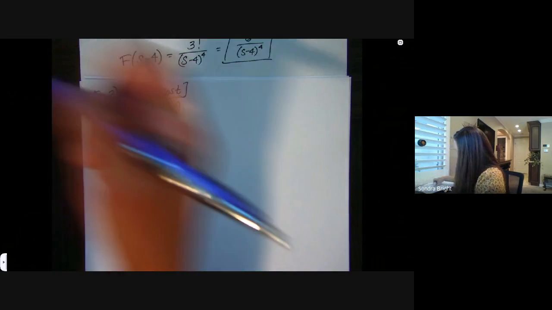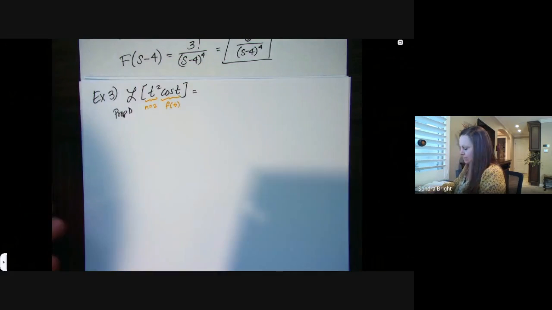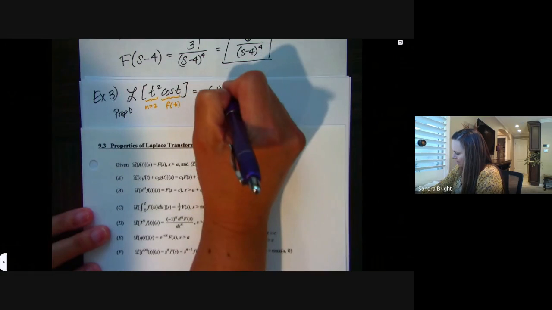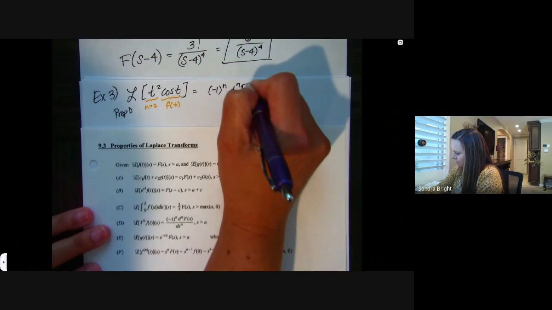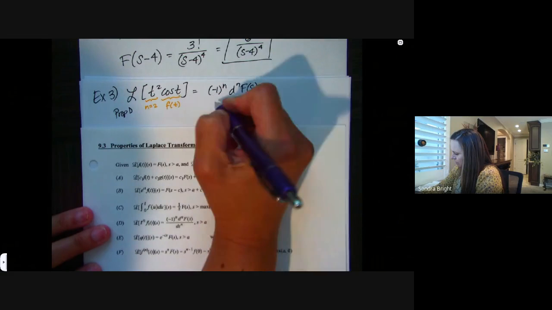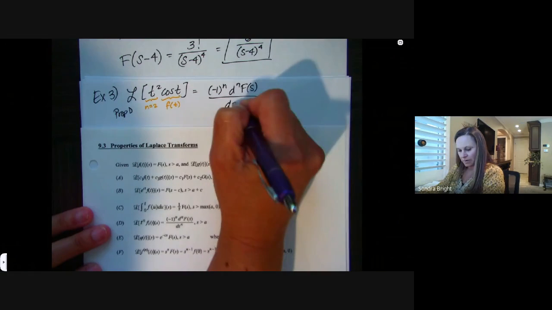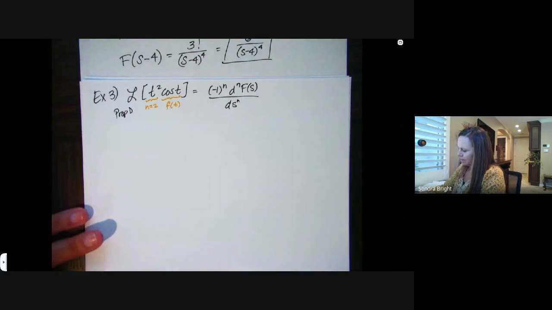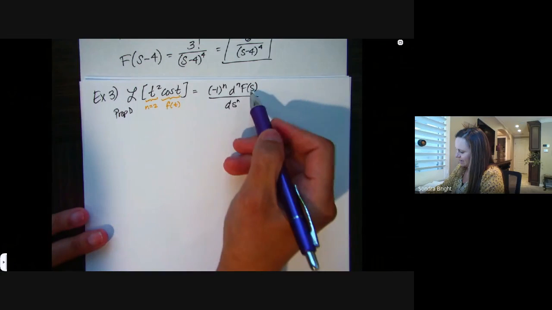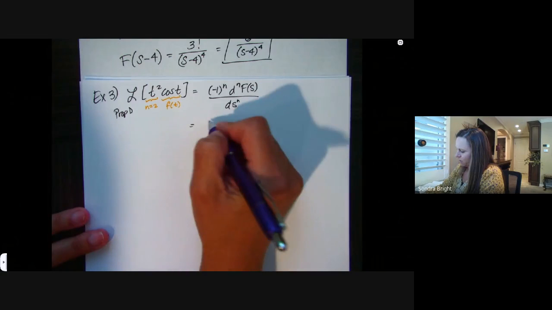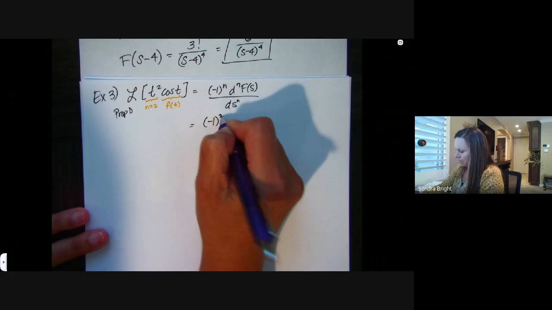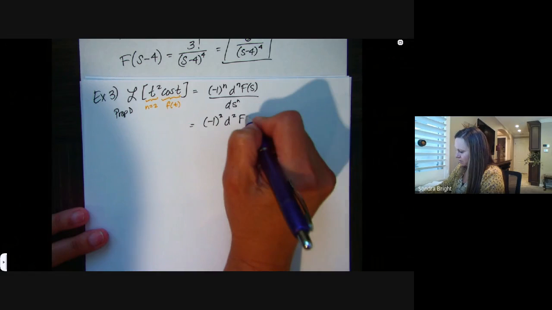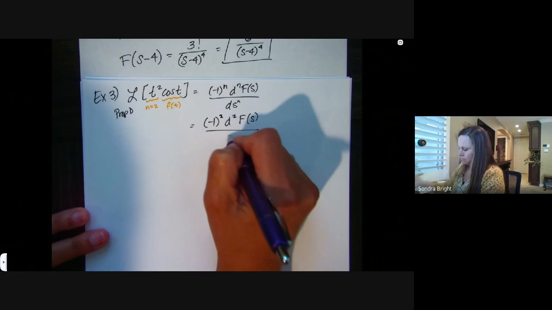And that property said, property D says it's -1 to the nth power, the nth derivative of big F of s with respect to s. All right, so your n here is 2, so that means that this is going to equal -1 squared, and we're going to take the second derivative of big F of s with respect to s twice.